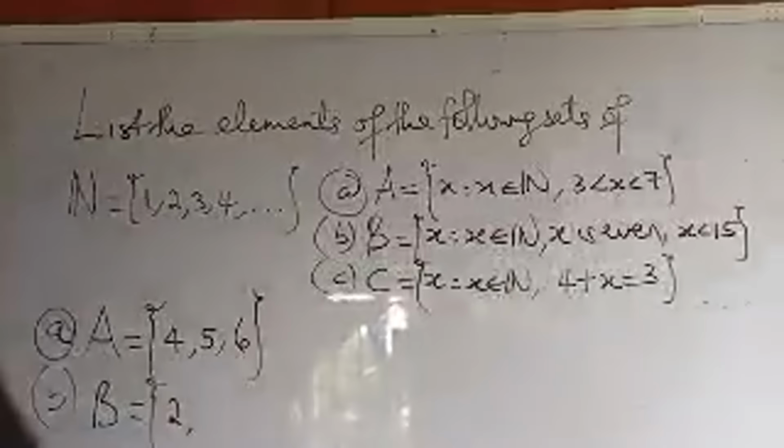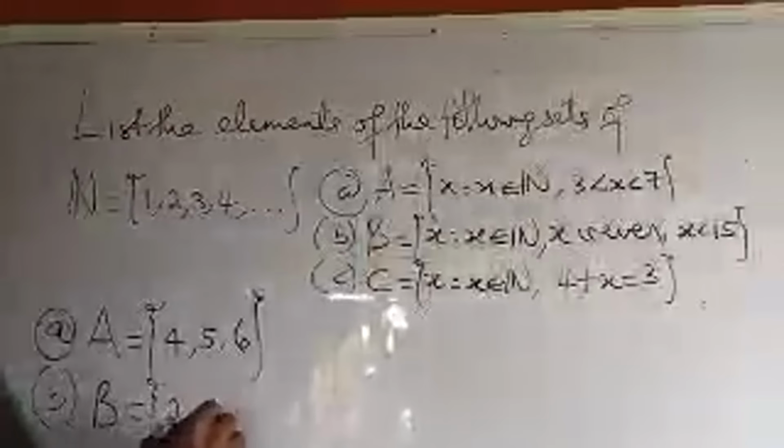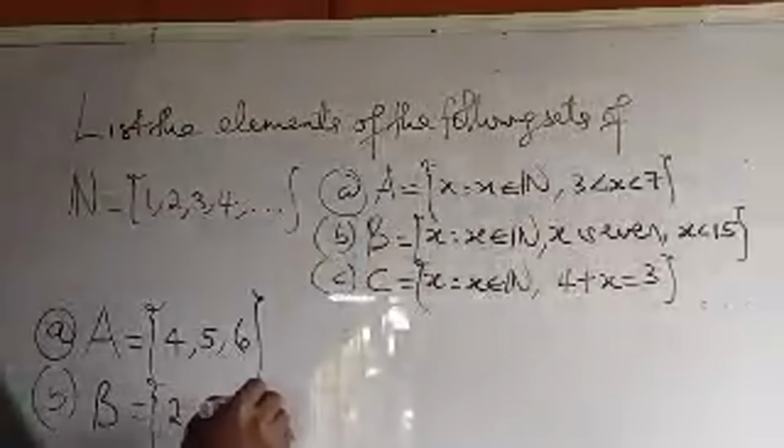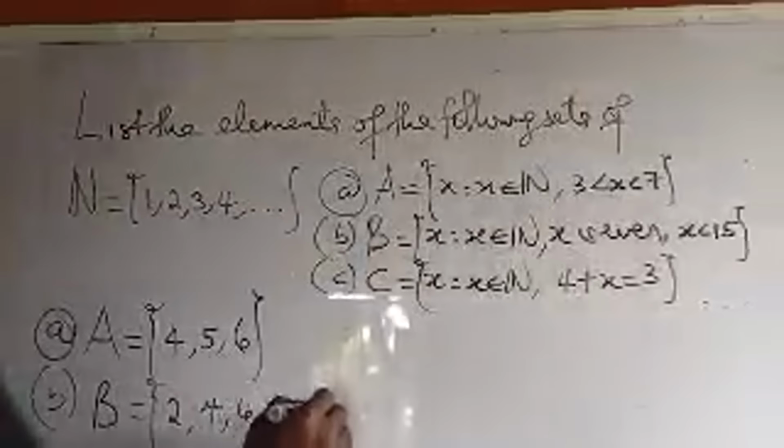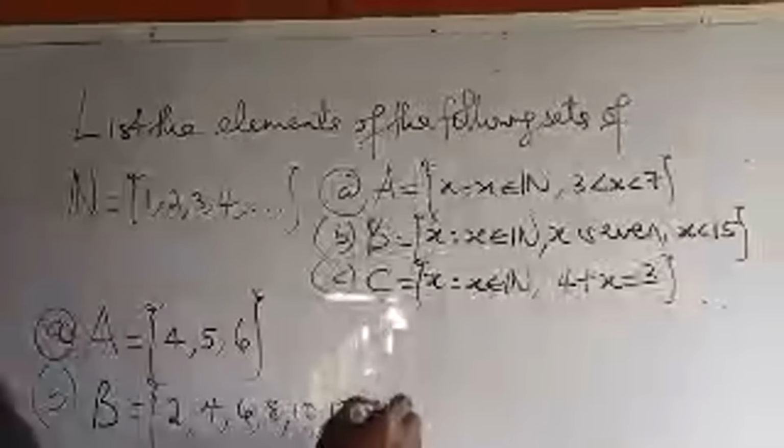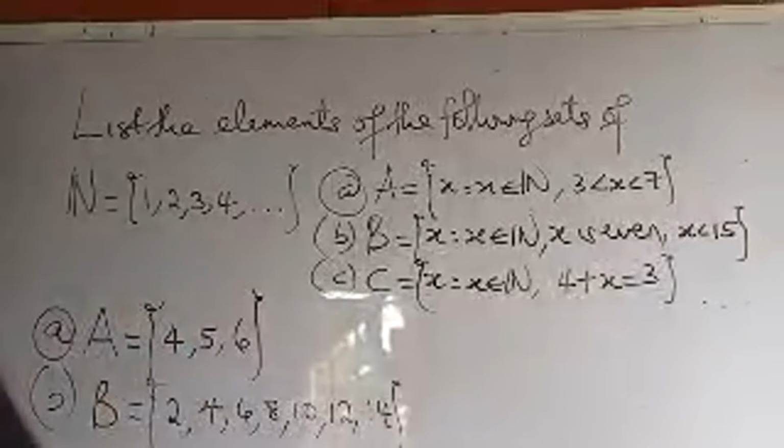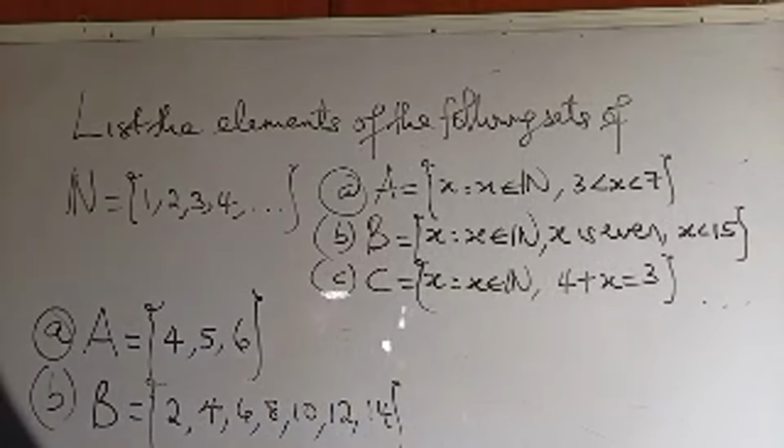You cannot pick 1 because the element must be even and must be less than 15. So 2, 4, 6, 8, 10, 12, and 14 are the elements of set B. Are we following?